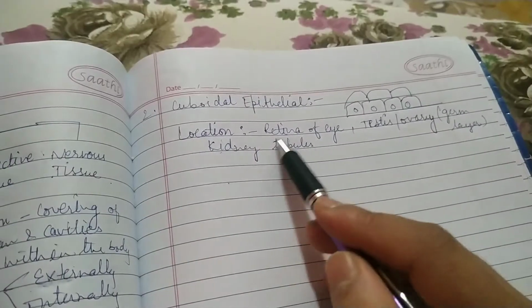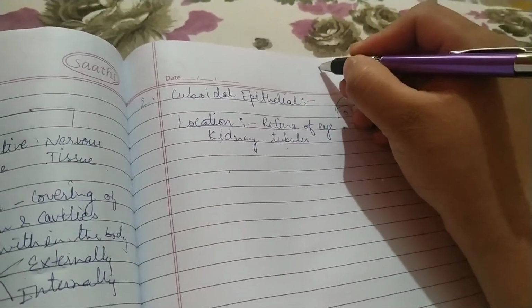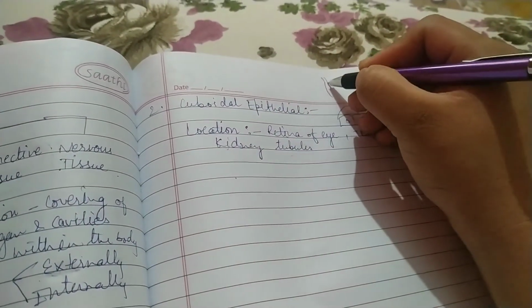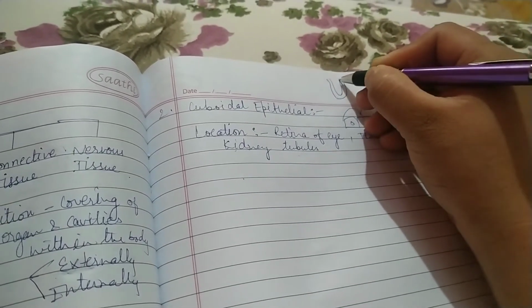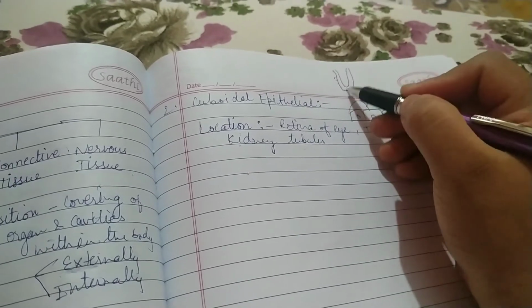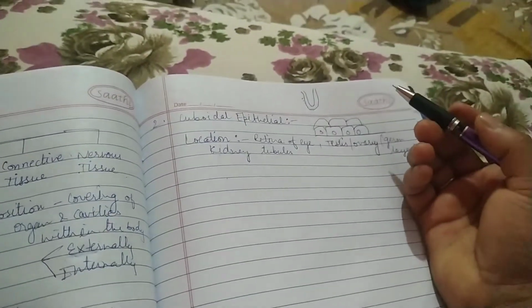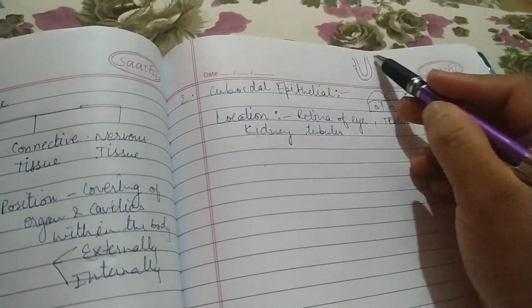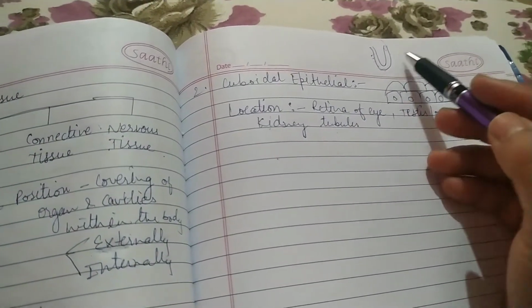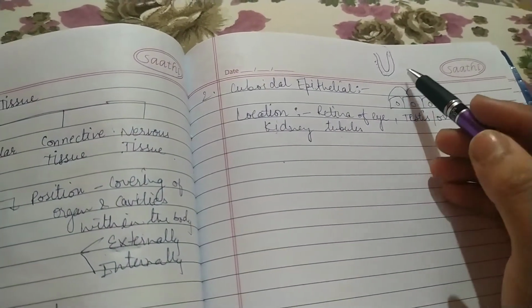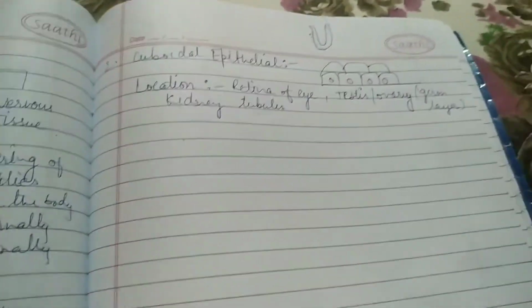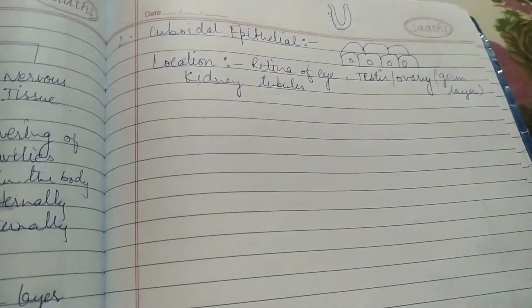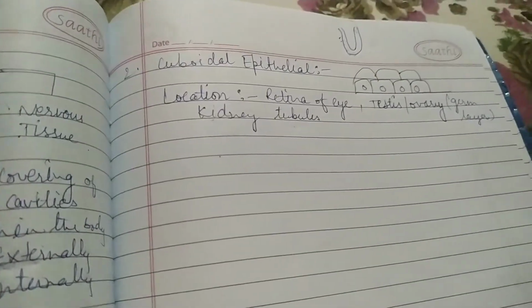The tubules are tube-like structures found in the nephron, and these tube-like structures work in the absorption of excess nutrients present in the blood. So I think this is clear.